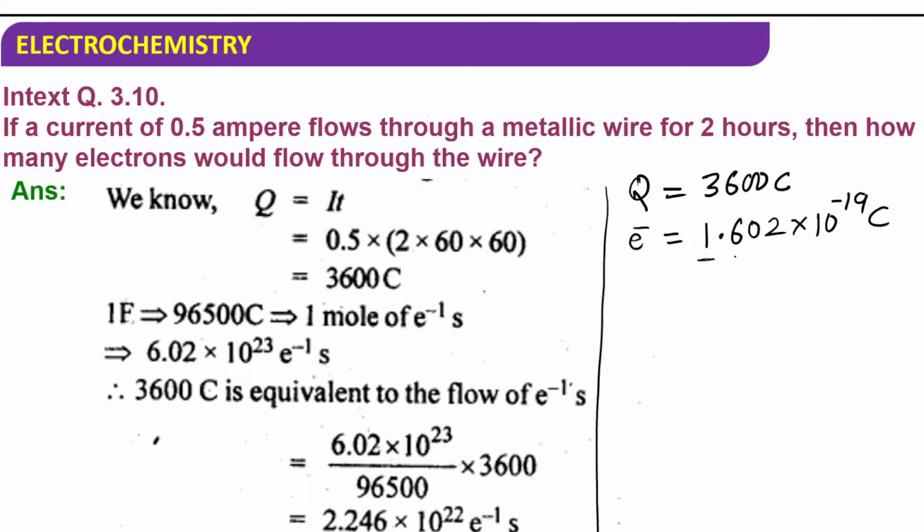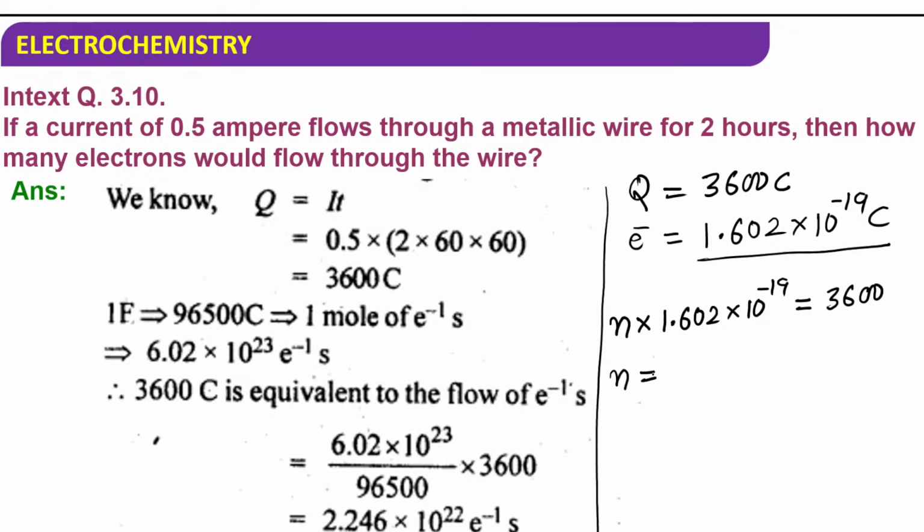So the number of electrons into 1.602 into 10 raised to minus 19 is equal to 3600 coulombs.